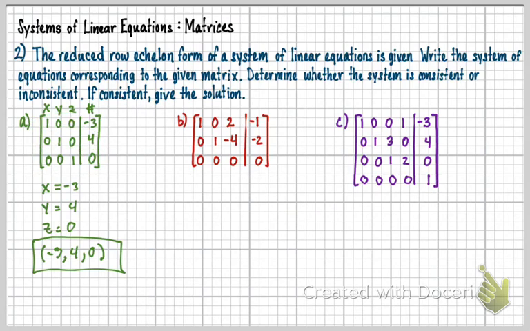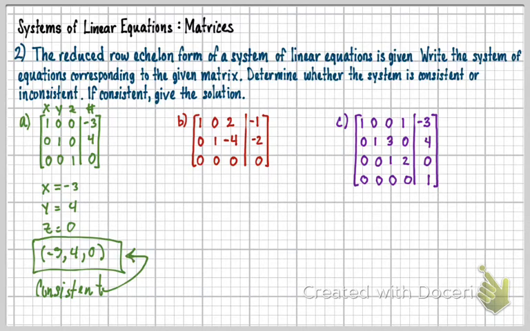So what that tells me is that those 3 equations all intersect at the point -3, 4, and 0. Since they all agree at that point, I will say this is consistent. And then it says, if consistent, give the solution. And that's what we're doing right here.